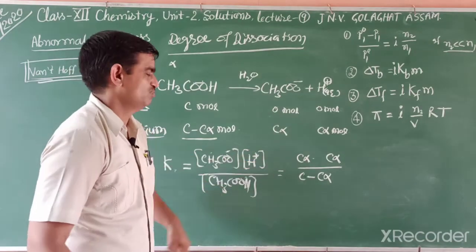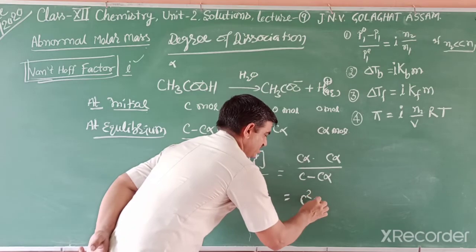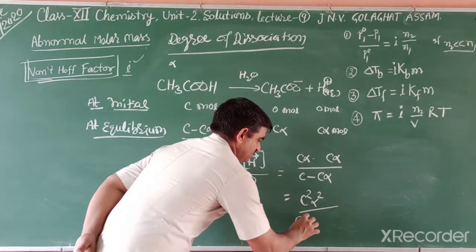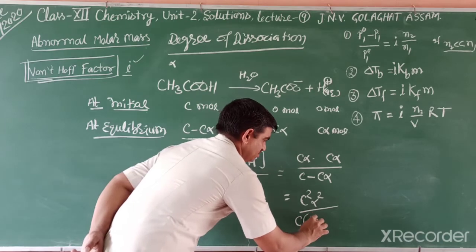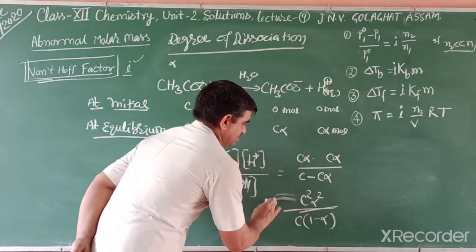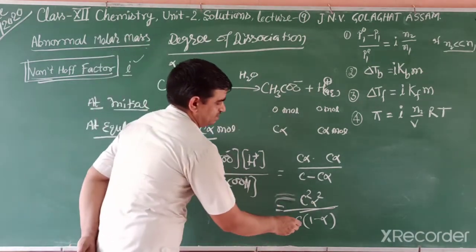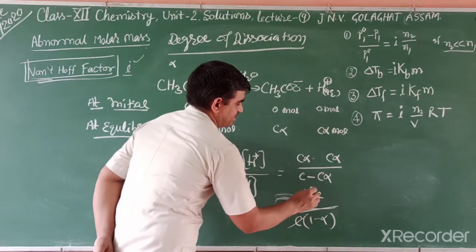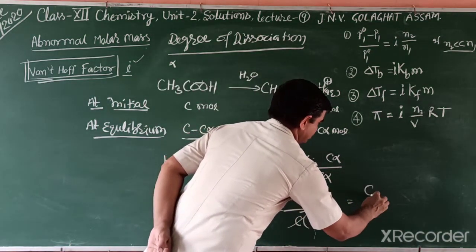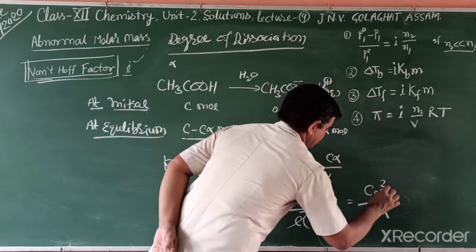Students, when we solve this, you can write C square alpha square divided by C minus C alpha, taking C common, C into 1 minus alpha. Further, if you solve, C is common and one C cancels, so you can write the equilibrium constant as C alpha square divided by 1 minus alpha.